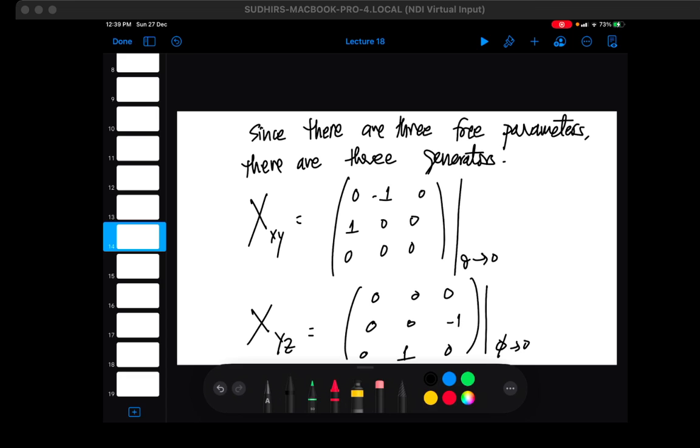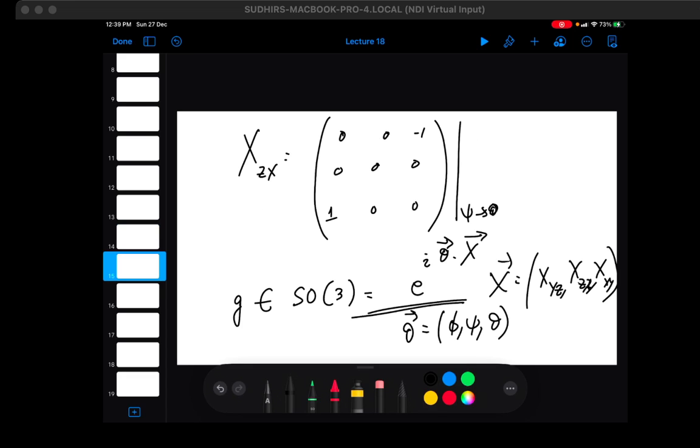You can check that they don't satisfy this commutation. You can derive their structure functions, structure constants, using explicitly what the form of these generators are for the SO3, and also you can show that they satisfy the Jacobi identity.